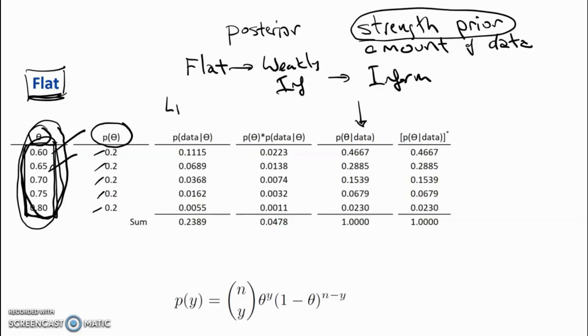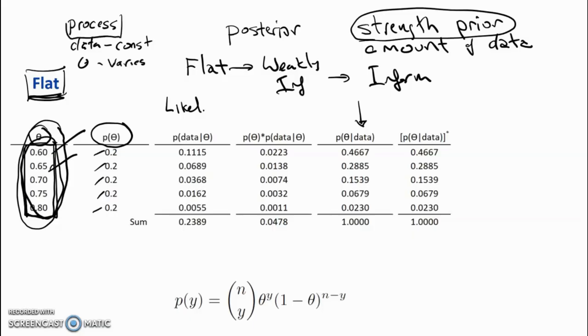So the first thing we need to do is evaluate the likelihood function. Remember two things about the likelihood function. First is that it reflects the process that gave rise to the data. And secondly, the data are kept constant, and the value of theta, the parameter, varies.